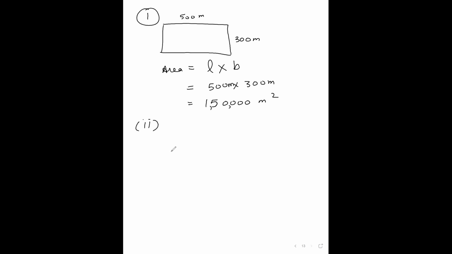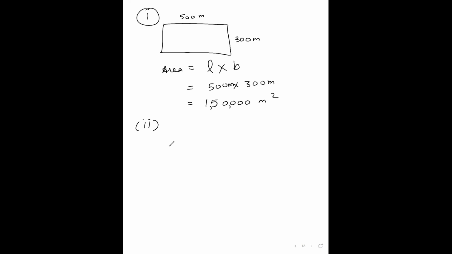The cost of the land, if 1 meter square of the land costs 10,000. Have you ever seen or heard anyone buying and selling land? You might have seen advertisements where people who sell plots say 1 meter square is this much price.